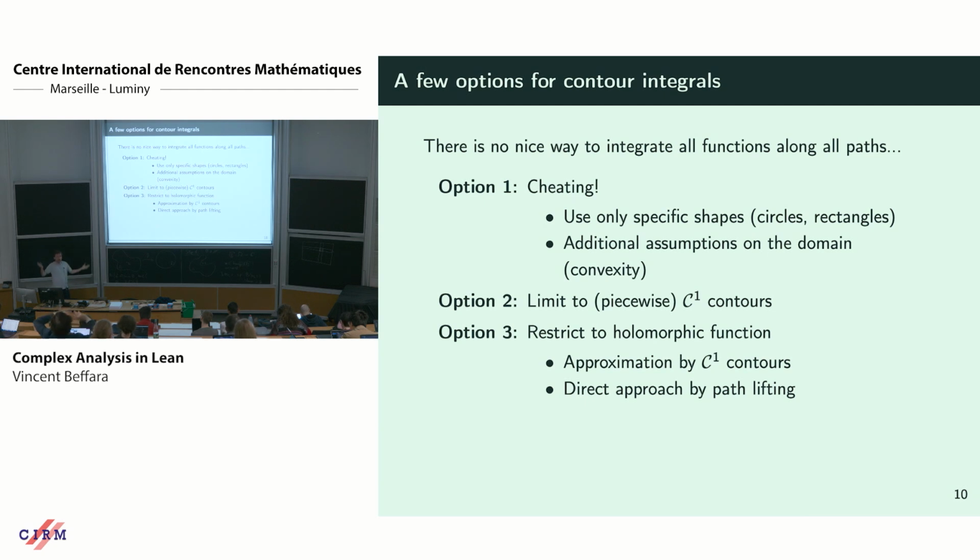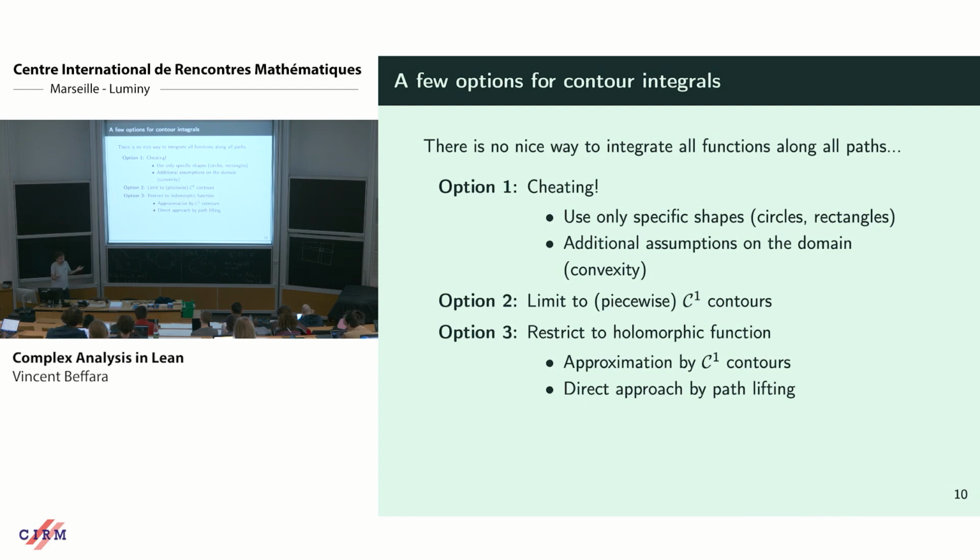You build a topology out of that, you show that this is a covering of your domain, and then if you want to integrate the function along the path, you just lift that through the covering and it gives you a contour on the top. So this gives you the value of the primitive just by lifting.